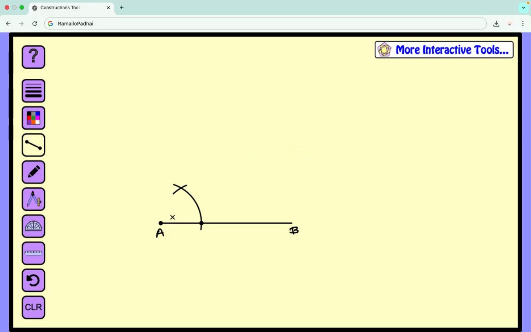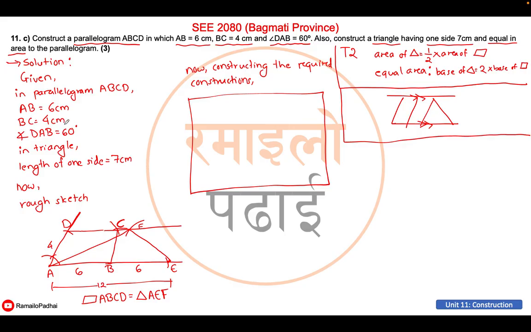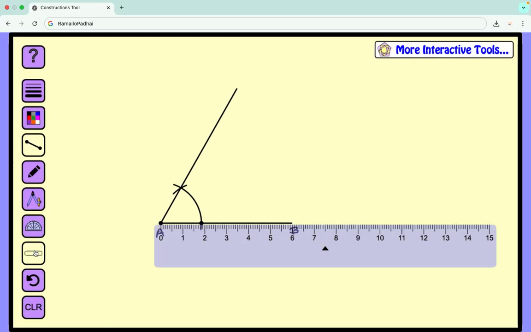Fine. Now we extend A to this point. As we already know, BC is given, but AD is not given, but we know that the opposite sides of a parallelogram are equal. So BC is equal to AD. So the length of AD will also be 4 centimeter.